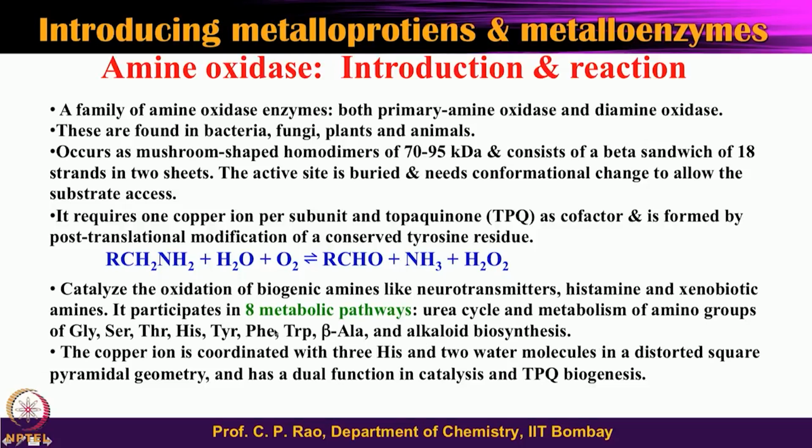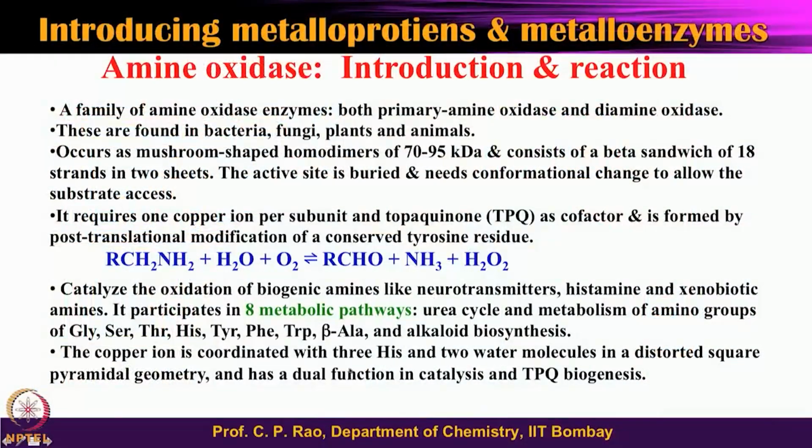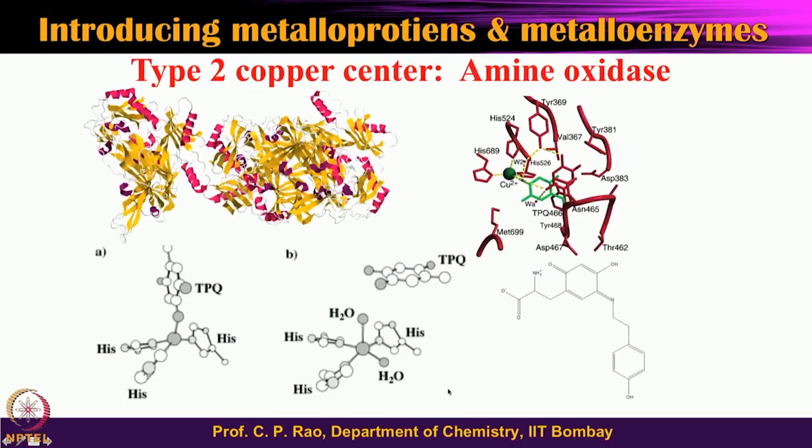So, the type 2 amine oxidase is a common one across a variety of things. The copper is coordinated to 3 histidines and 2 water molecules in a distorted trigonal bipyramidal geometry, and has a dual function in making the topaquinone.